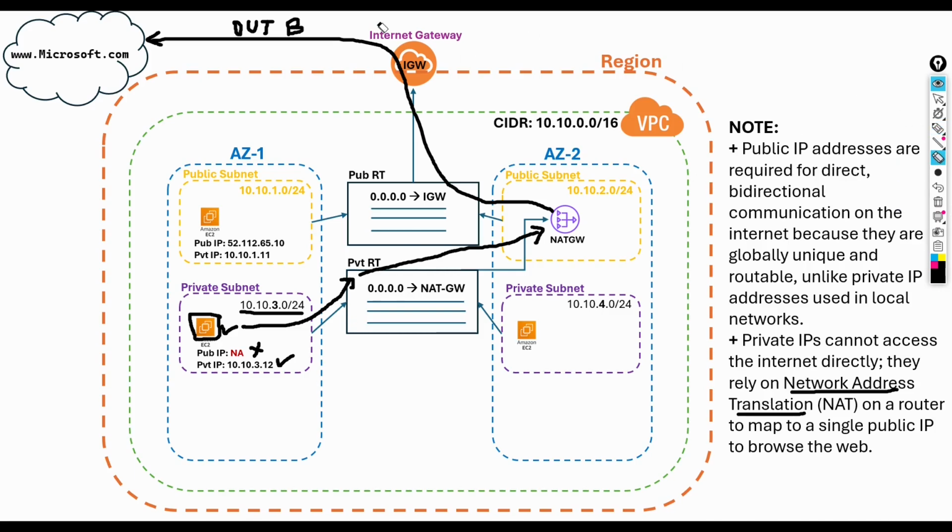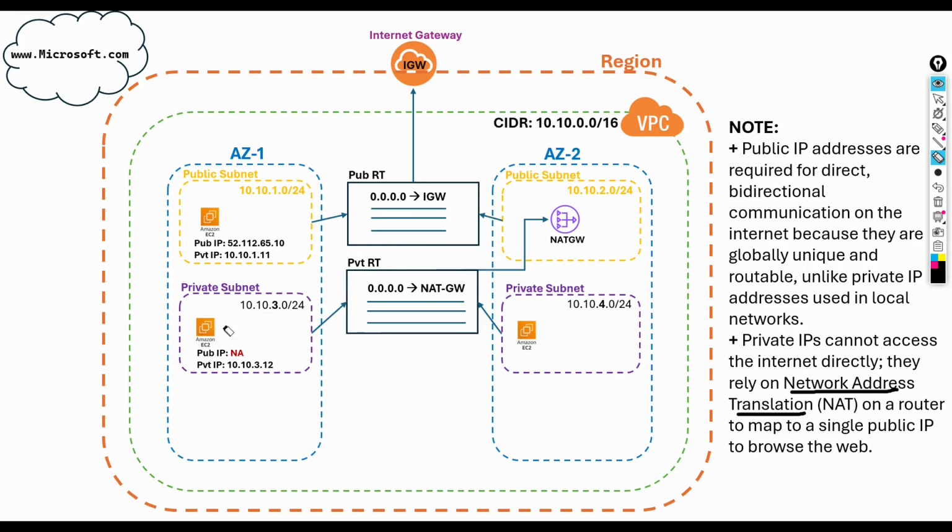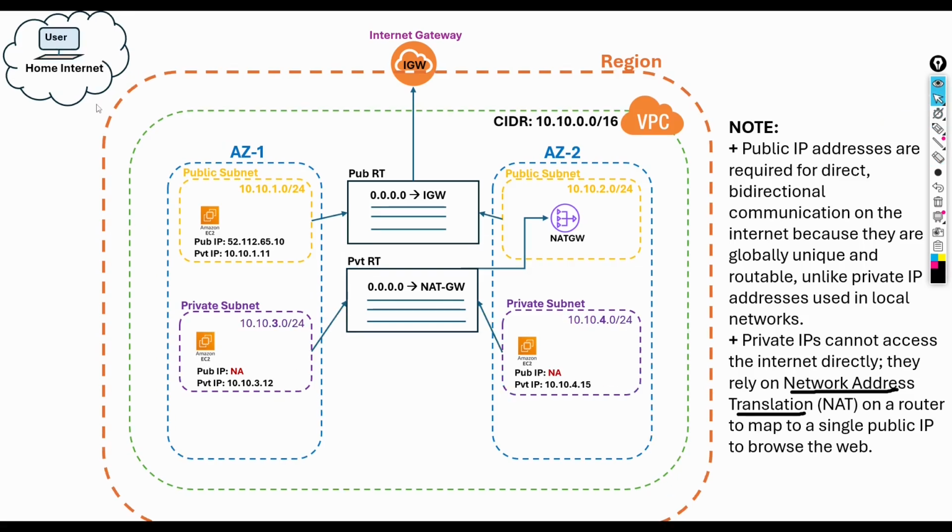Now let's discuss the inbound direction. In the NAT gateway, private subnet case, for example, let's say a user wants to access this private subnet machine. In this case this is not possible, because the machine inside the private subnet doesn't have a public IP, right? Hence this user cannot access this private subnet machine from the home internet.